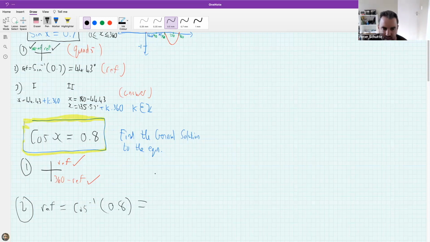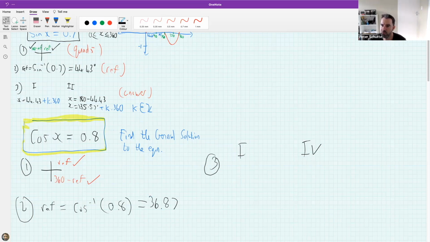What is my reference angle? It looks to me like it would be 36.87. And then step 3 is we need an answer for quadrant 1 and for quadrant 4. I'll give you a bit more time to write those in.